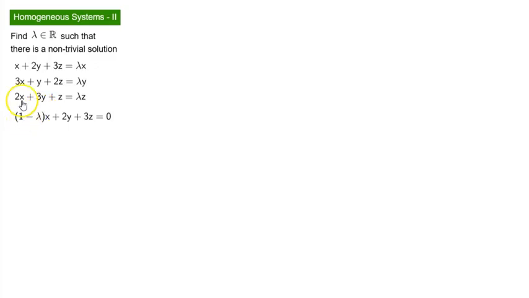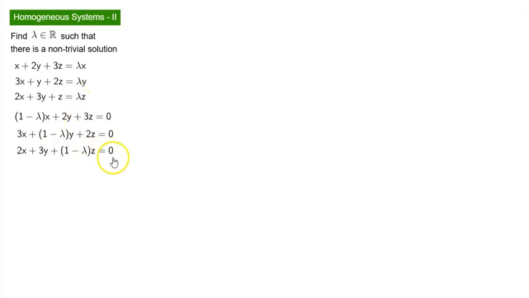Then we get (1 minus lambda)x plus 2y plus 3z equal to 0, 3x plus (1 minus lambda)y plus 2z equal to 0. Then finally 2x plus 3y plus (1 minus lambda)z equal to 0.